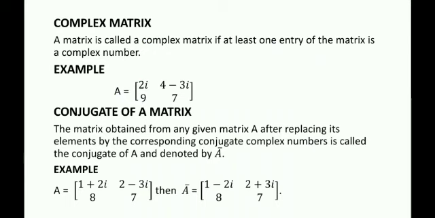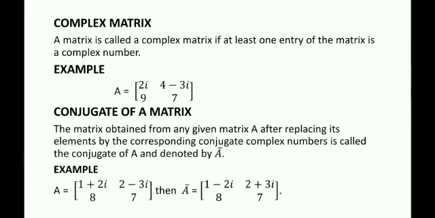If we have a complex number alpha plus iota beta, then its conjugate will be alpha minus iota beta. And if we have a complex number alpha minus iota beta, then its conjugate will be alpha plus iota beta. So, to find the conjugate of a matrix, we have to replace the complex numbers by its conjugate numbers.